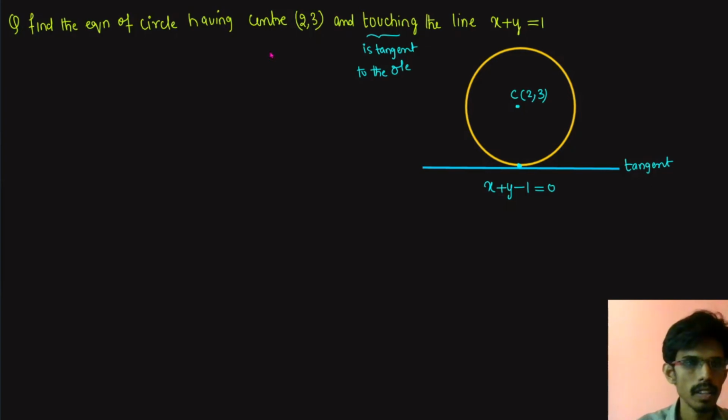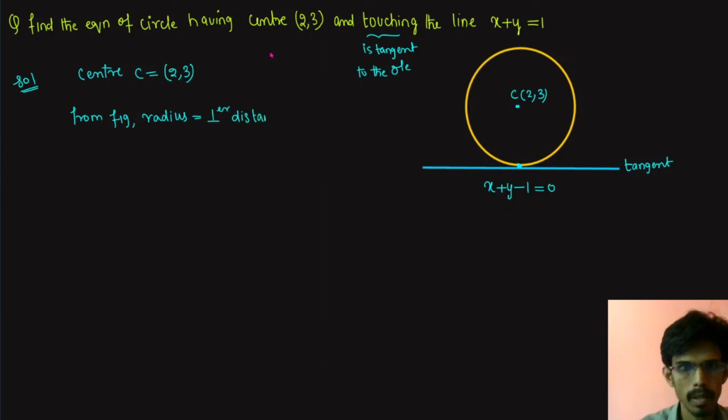Okay, now let us solve this question. Here the center C is given 2 comma 3. Now from the figure we can see that radius is equal to perpendicular distance.